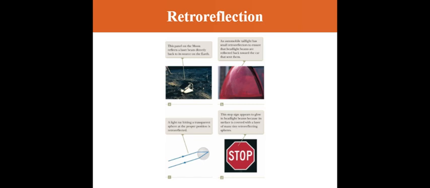Also, retro reflection is good for taillights, since you're able to see a taillight because the light coming off your headlights gets reflected off the taillights back to you. Same with stop signs.